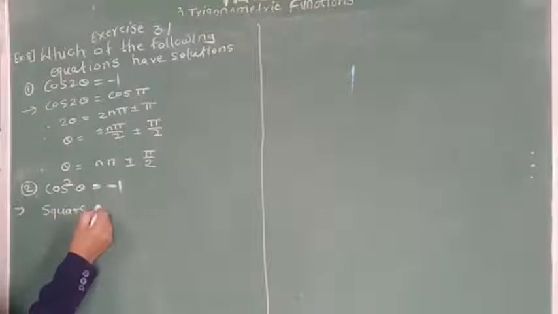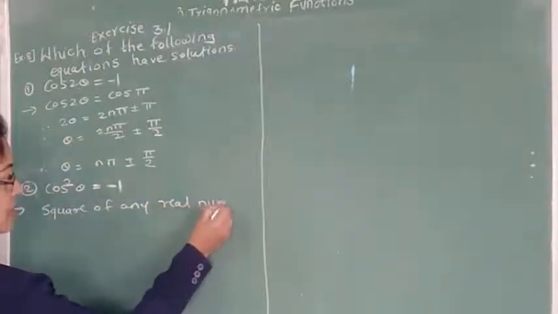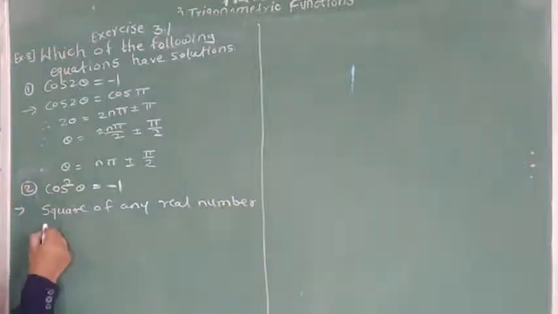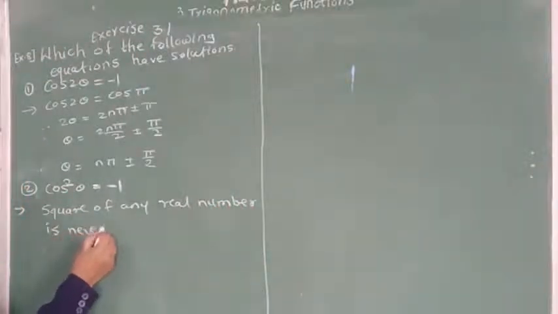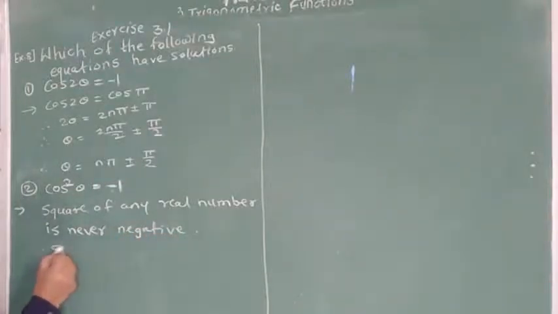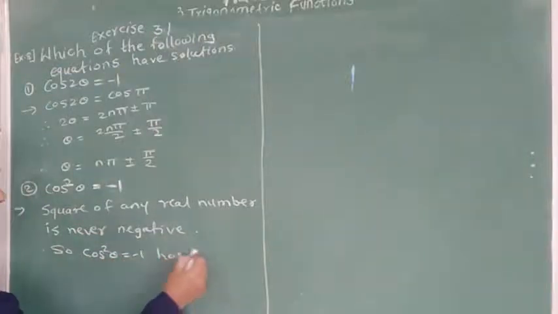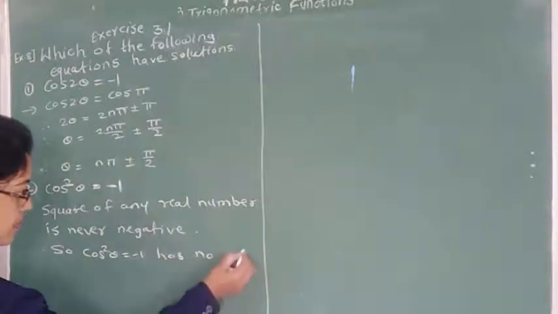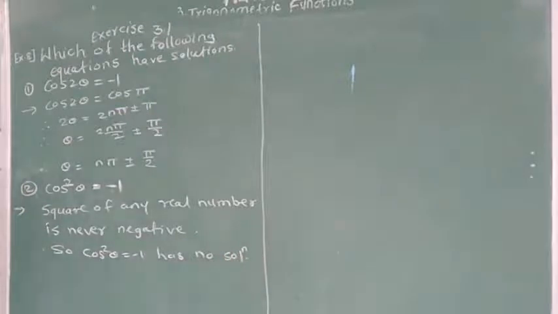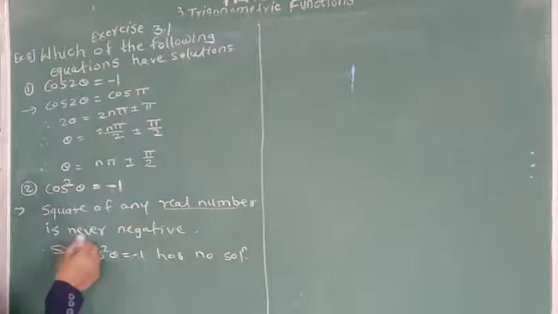The square of any real number is never negative. So cos square theta is equal to minus 1 has no solution. In standard 11 we saw the chapter on complex numbers. The square of a complex number can be negative, but the square of a real number is never negative.